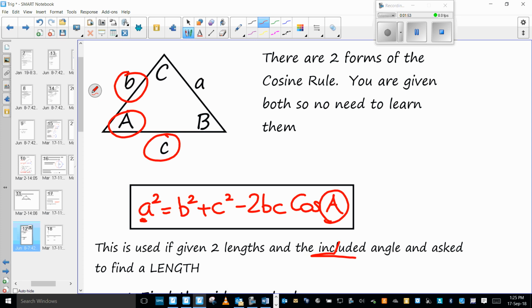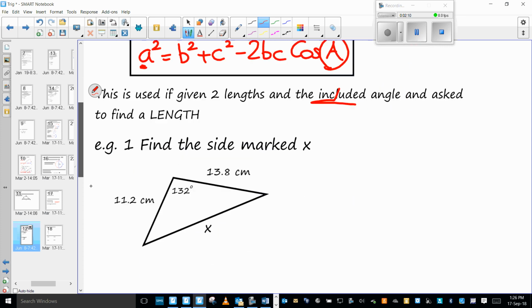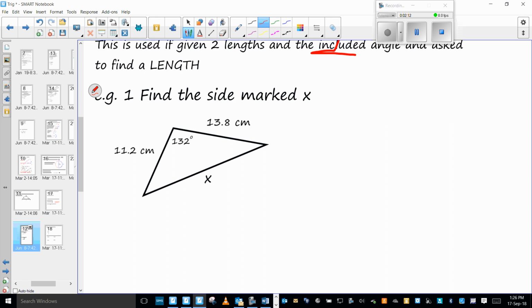So these questions involve three sides, one angle. Again, the word involve indicates we're trying to find one of those things. So, if we're trying to find a side like x, we double check that we've got the angle opposite it, and we've got the other two lengths, obviously.